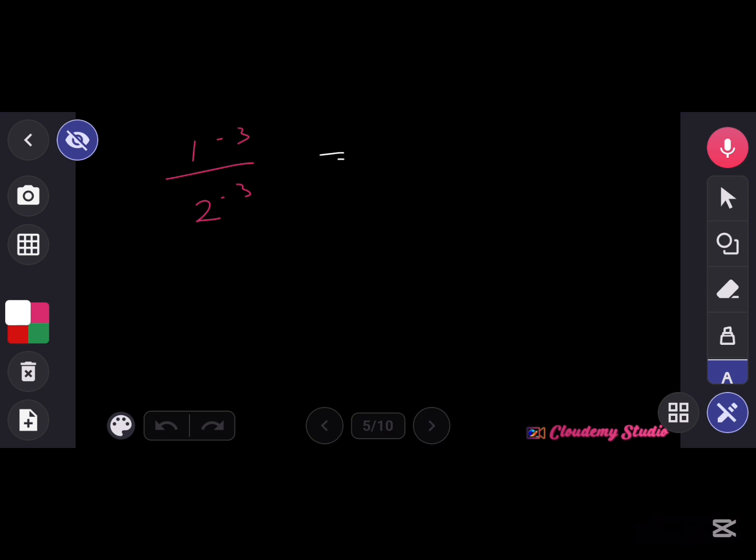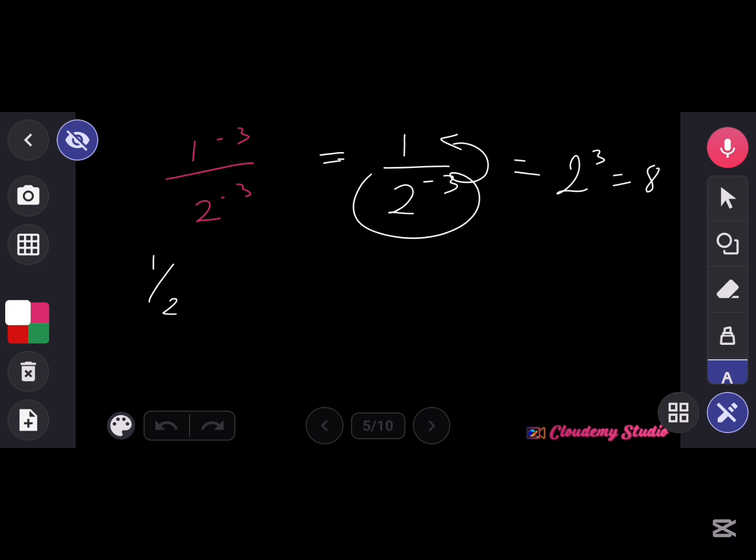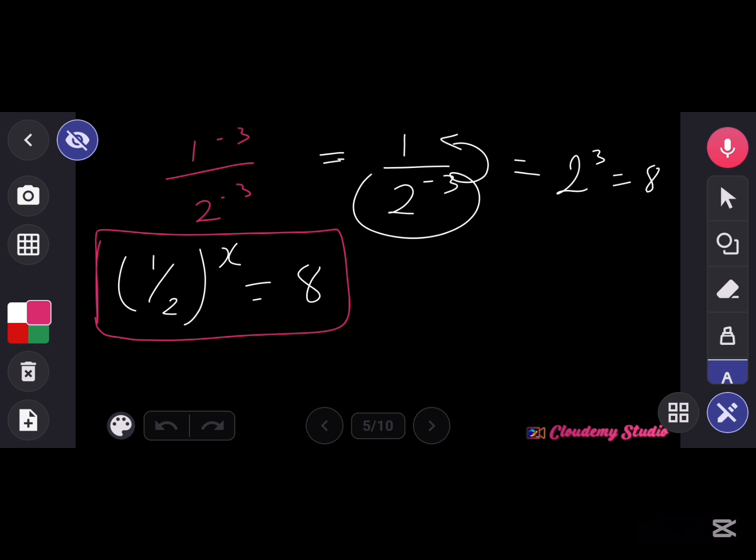Therefore, that equals 1 divided by 2 raised to power minus 3. Now, if this 2 raised to power minus 3 comes up, we'll be left with 2 raised to power 3, and 2 raised to power 3 equals 8. Which means (1/2)^x equals 8, which is our initial equation. So that is how to cross-check.